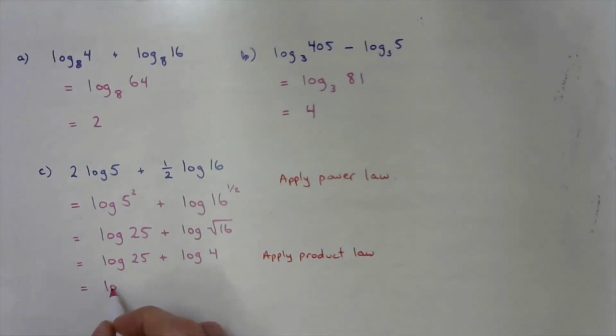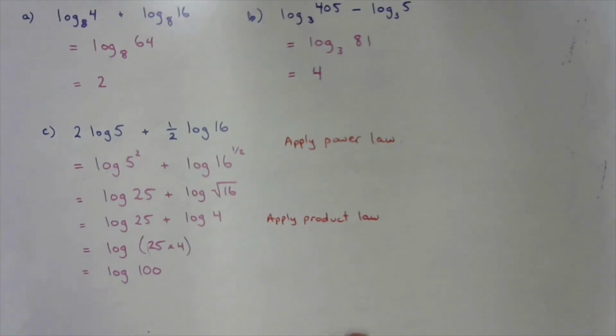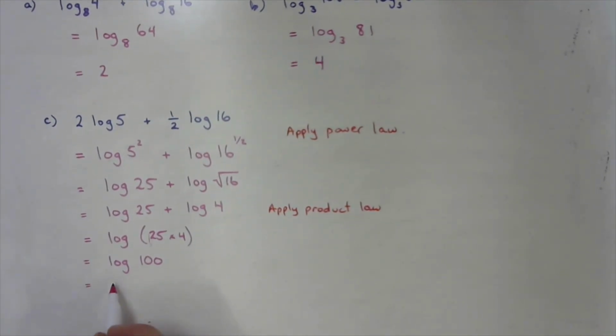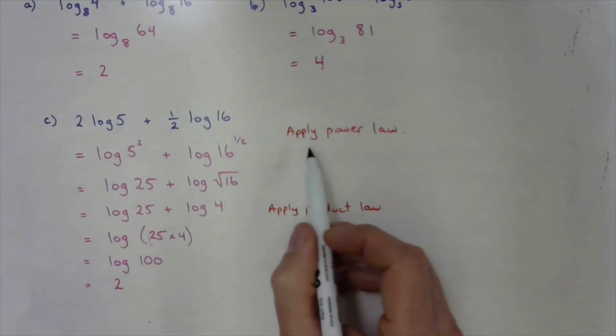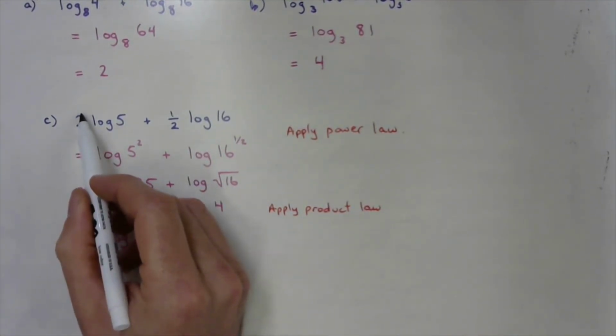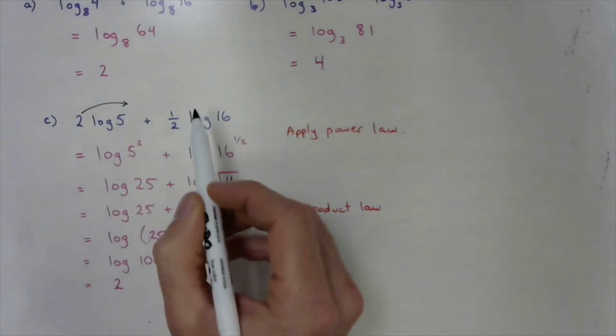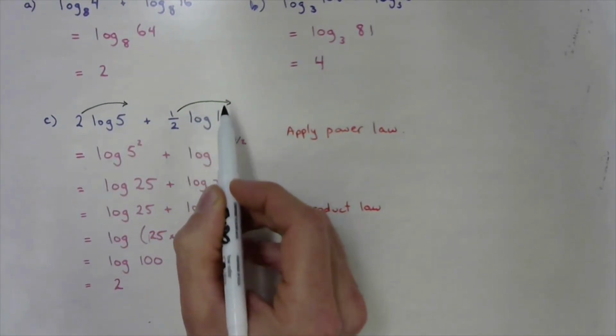We get the log of, I'll write every step, 25 times 4, which is the common log of 100. Common log always has a base of 10. So what do we raise 10 to get 100? Final answer is 2. The only real added tricky thing in this one was applying the power law in reverse, which brought our multiplier to be the exponent of the log.